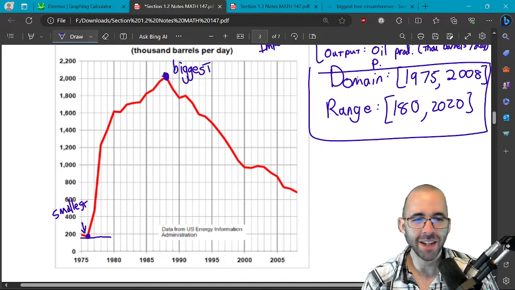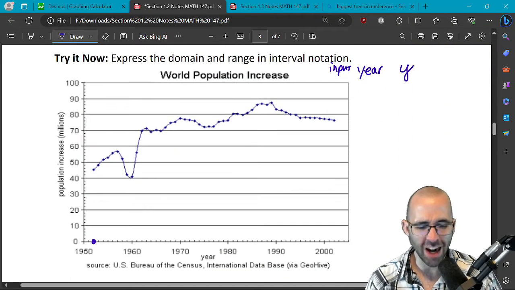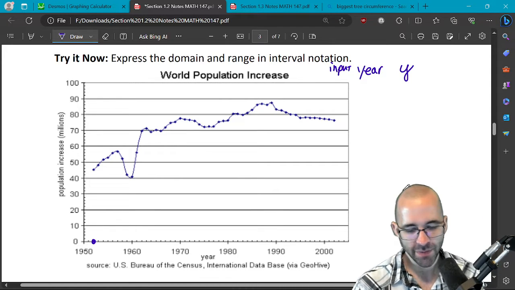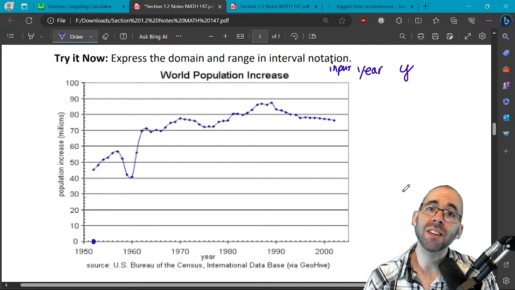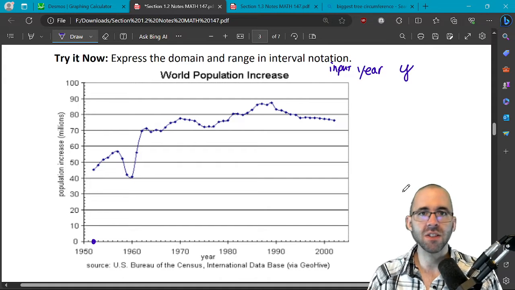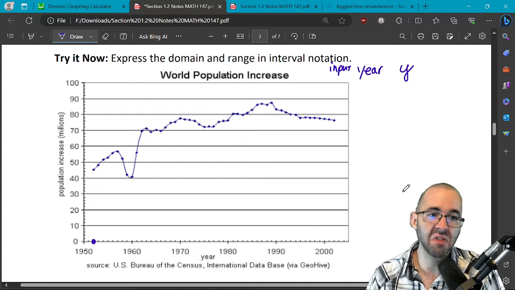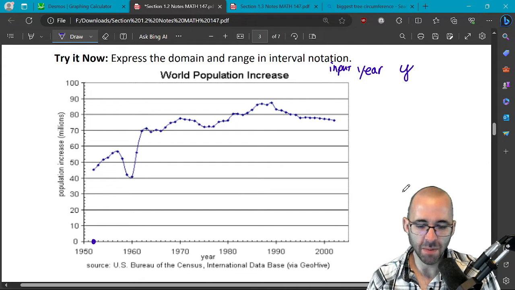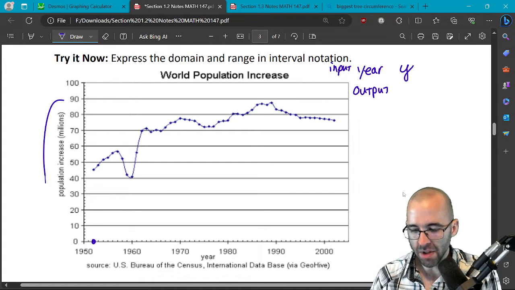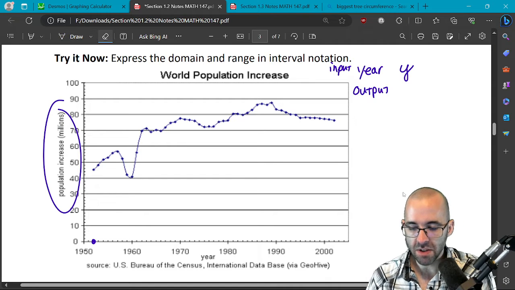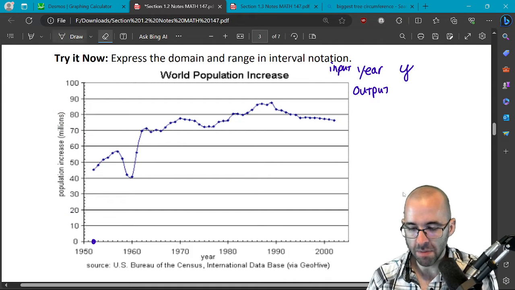Whatever our input should be, we're using the letter Y as our input, which is fine. But a lot of times we think of X as the horizontal and Y as the vertical. But one of the things I'm going for in this class is to get us comfortable with using other letters for things. So our input can be Y, and that's fine. Output is going to be the population increase in millions.